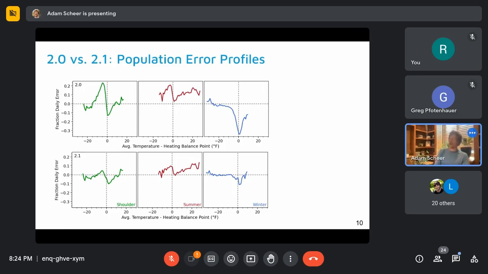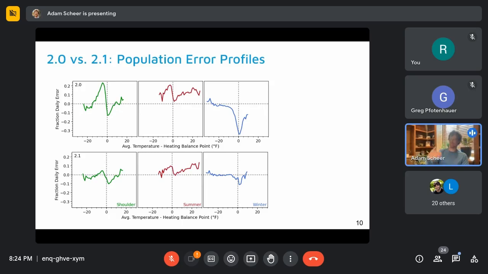And so this is one of the reasons why the CalTrack 2.0 model, we have said for a long time, is an underfit model, because it's not aware of those kinds of things. It has to constantly be splitting the difference between 60-degree days in the summer, 60-degree days in the winter, and in the end, it just kind of misses this behavior that is near the balance point temperature.